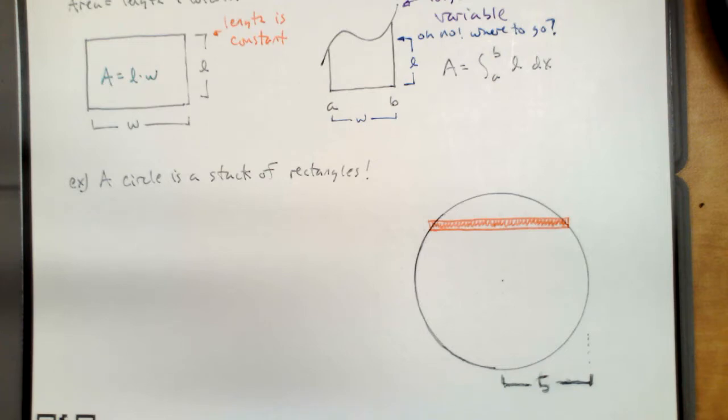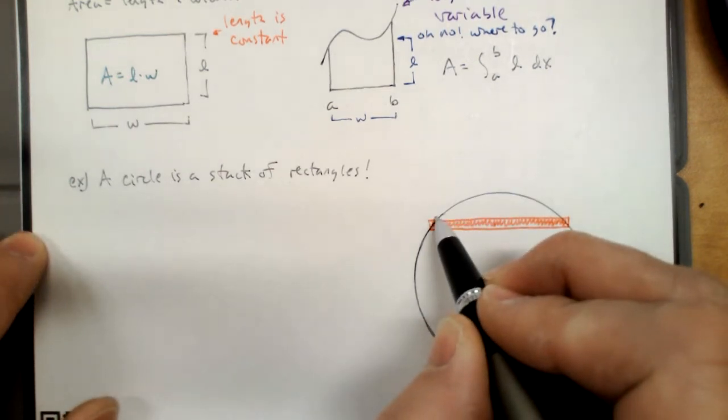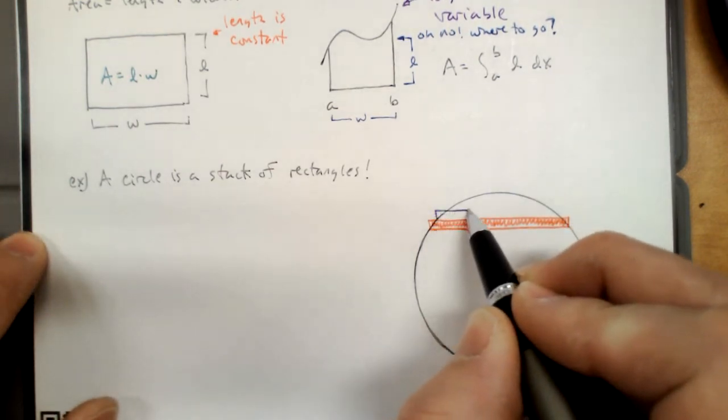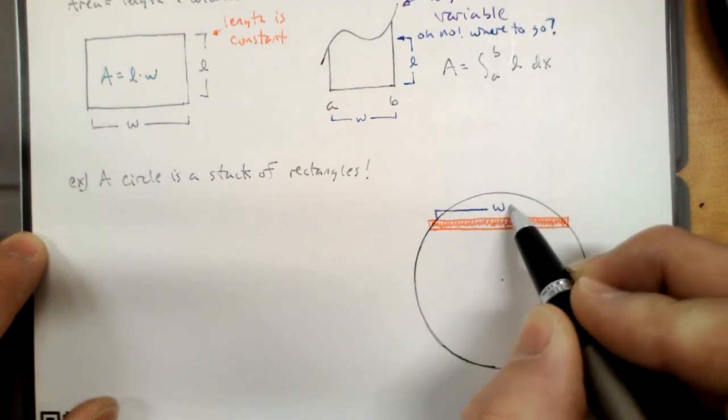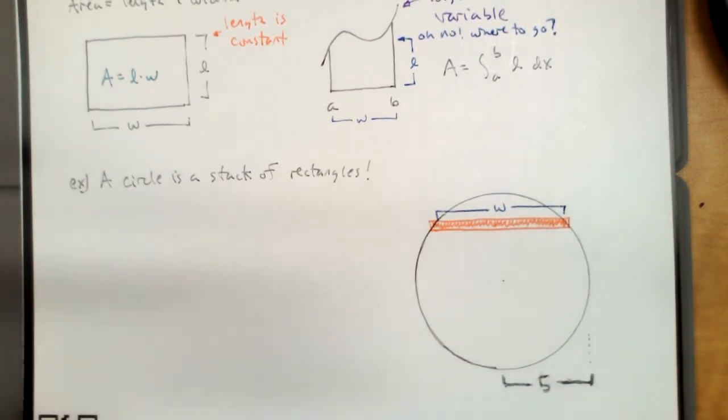So that rectangle there has a length and a width. Now, I'm going to put the width down here or up here. And it's the length that we're going to make smaller.